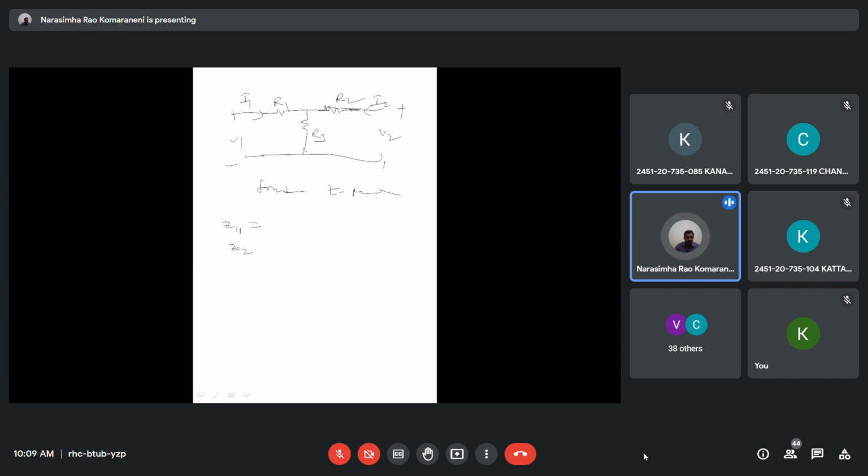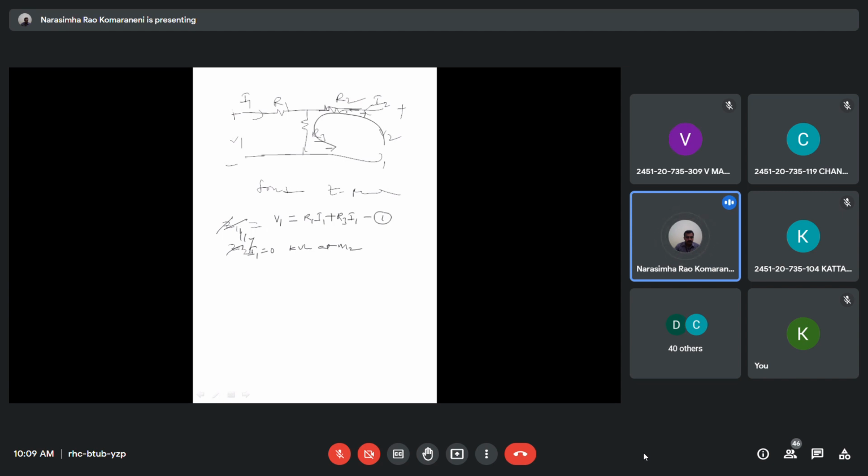So that is V1 equal to R1 I1 plus R3 I1. Similarly, when I1 equal to 0, apply KVL at mesh 2, that is this loop.